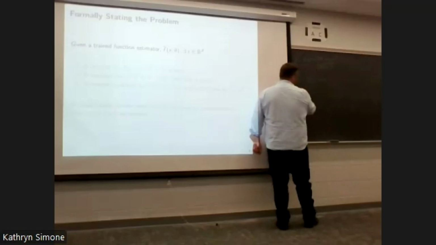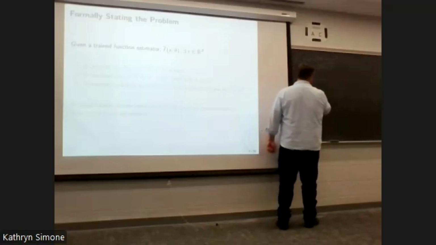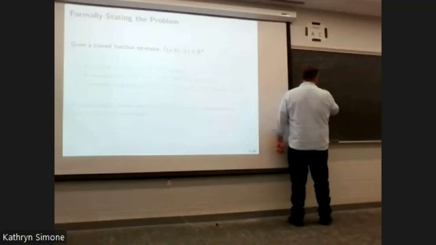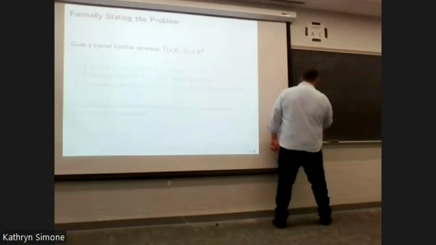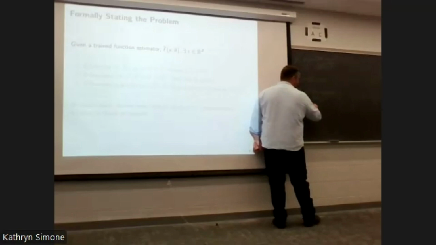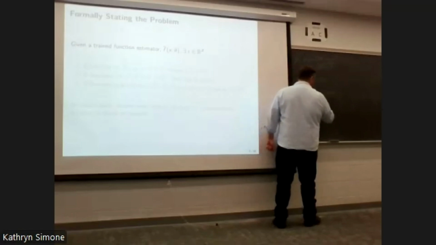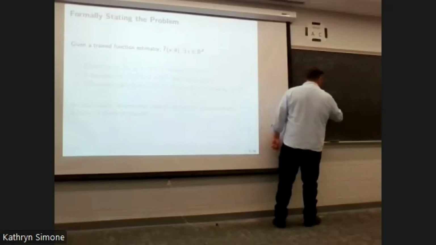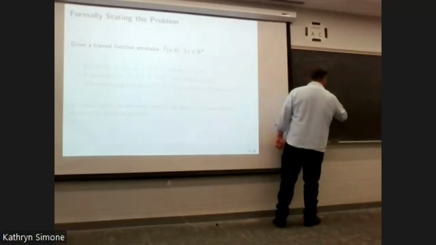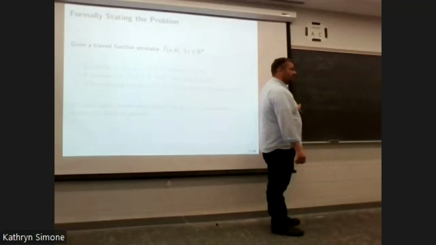And then we have epsilon, which is the perturbation budget, and we have delta x, which is the perturbation. We'll get into how these work.